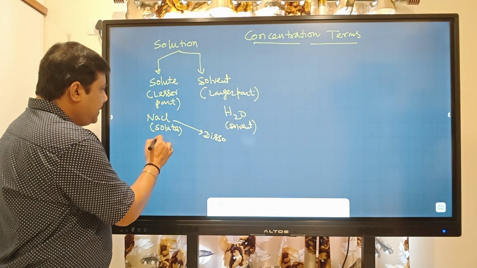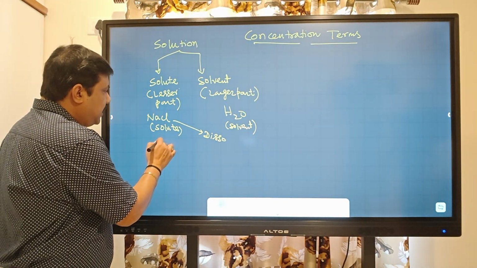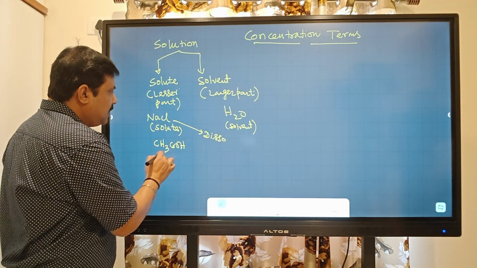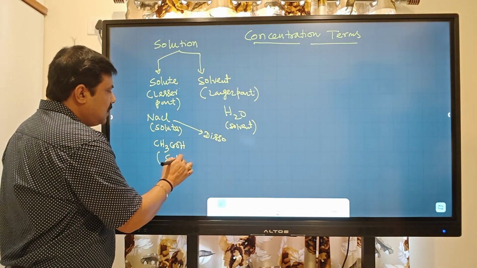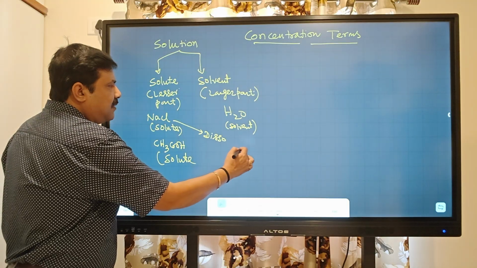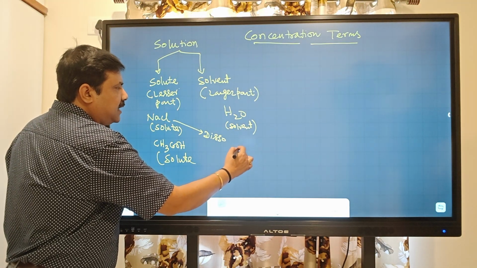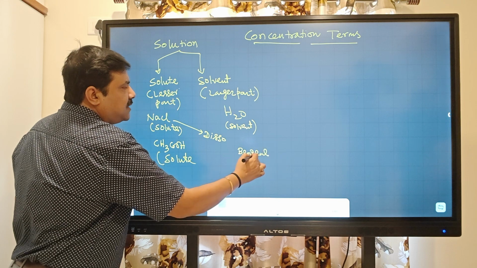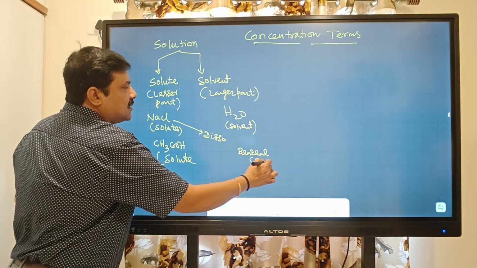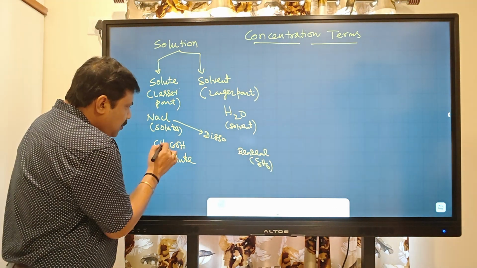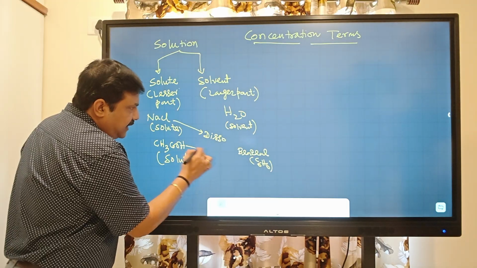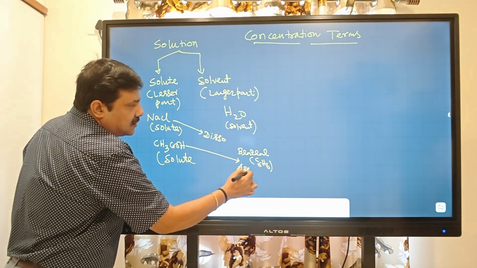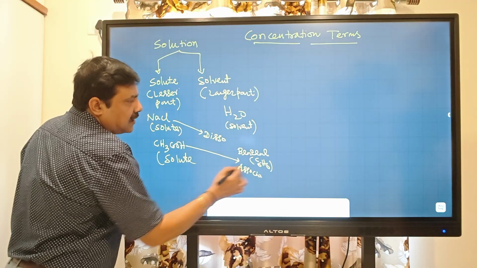Then if I take acetic acid as the solute, and I take benzene, C6H6, as the solvent, this acetic acid in benzene will undergo association.